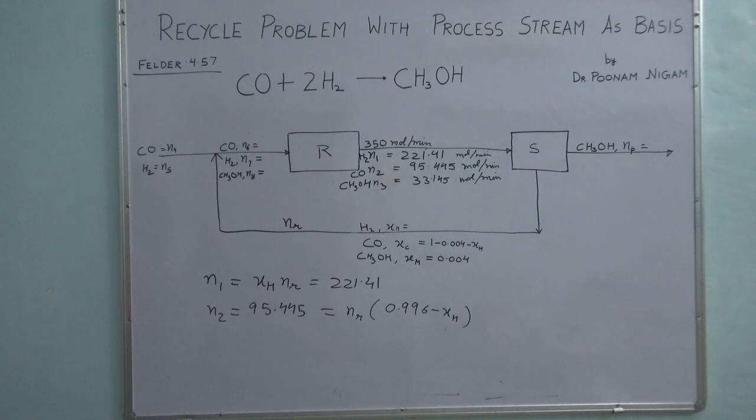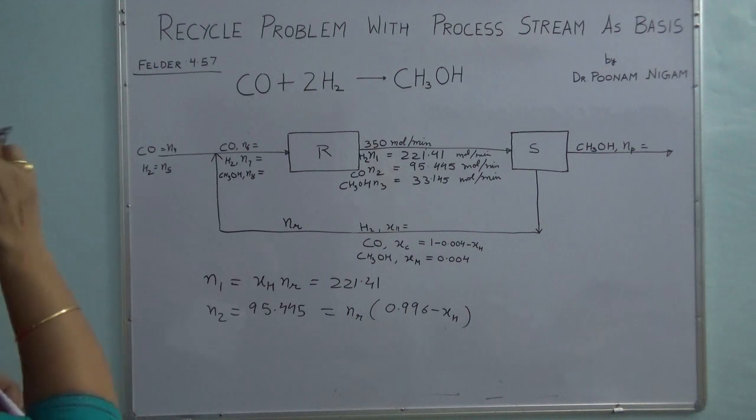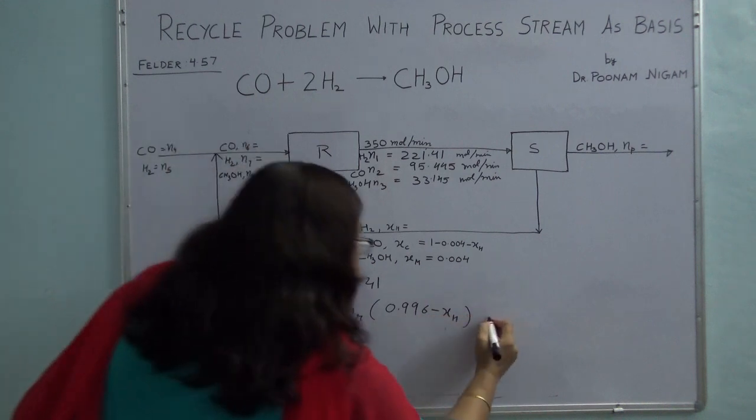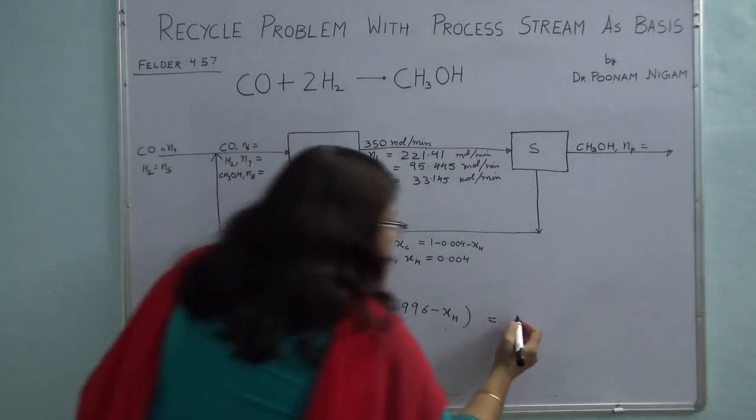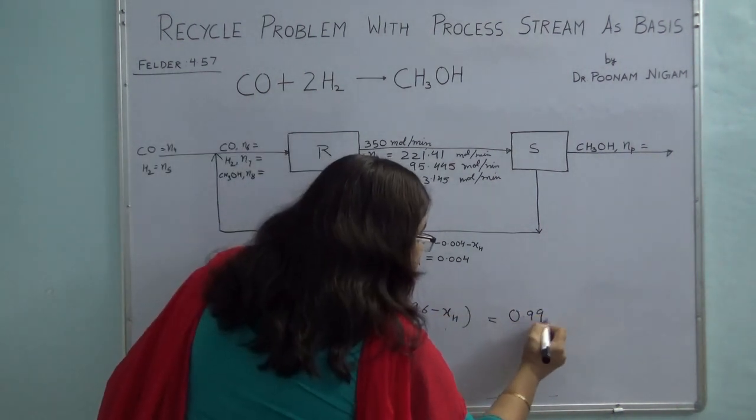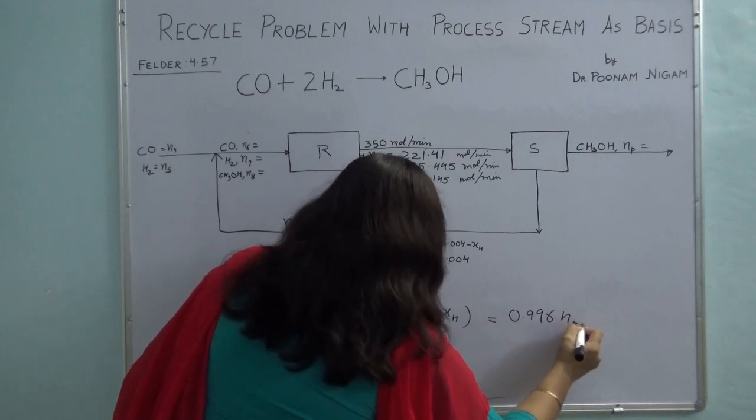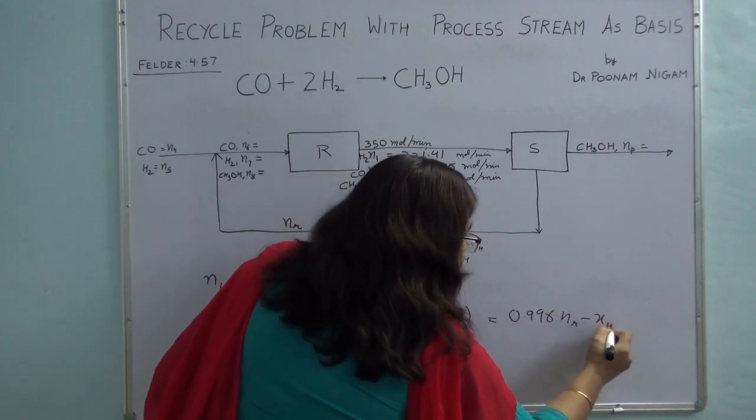Now I will just open this bracket. So I get 0.996 NR minus XH times NR.